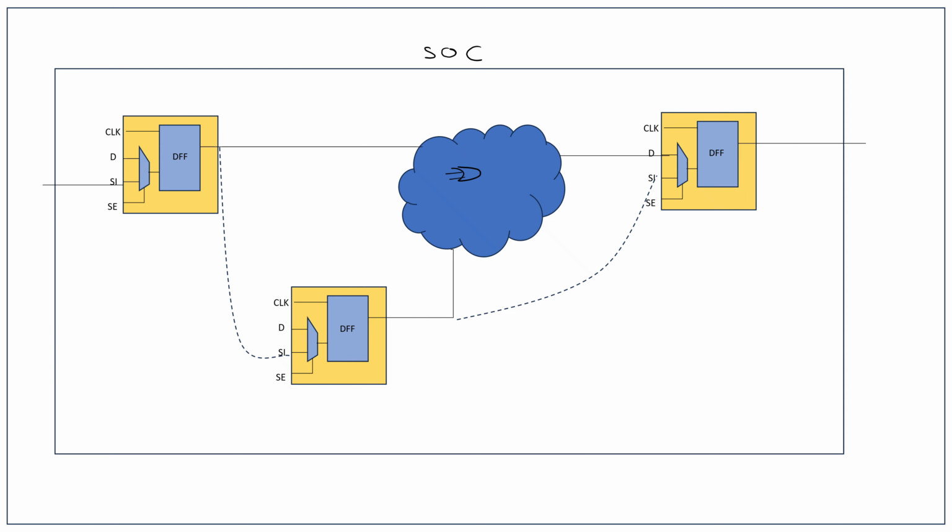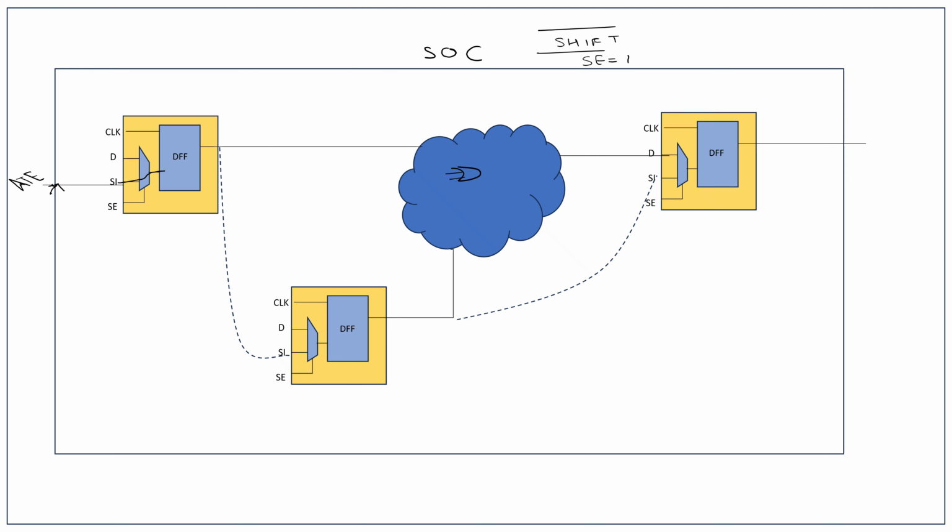So to load the scan flops with a deterministic value, I perform a shift operation in which the scan enable is kept at 1 so as to choose the SI path, and at the SoC level this port is being driven by the ATE. So ATE drives the deterministic data, and because scan enable was 1, the SI path is selected and all the scan flops are loaded with a deterministic value.